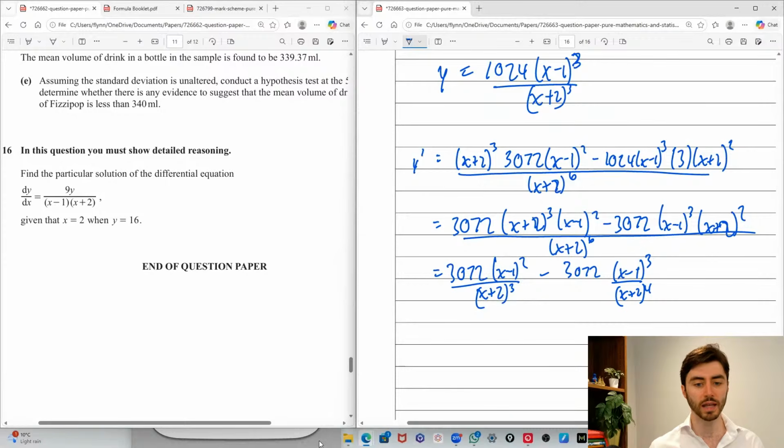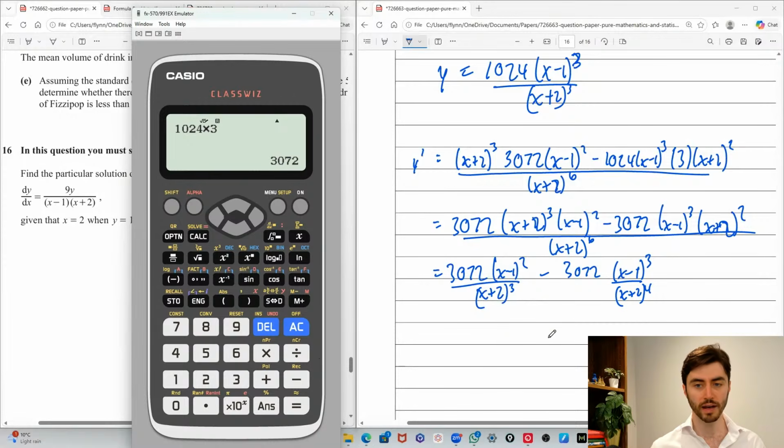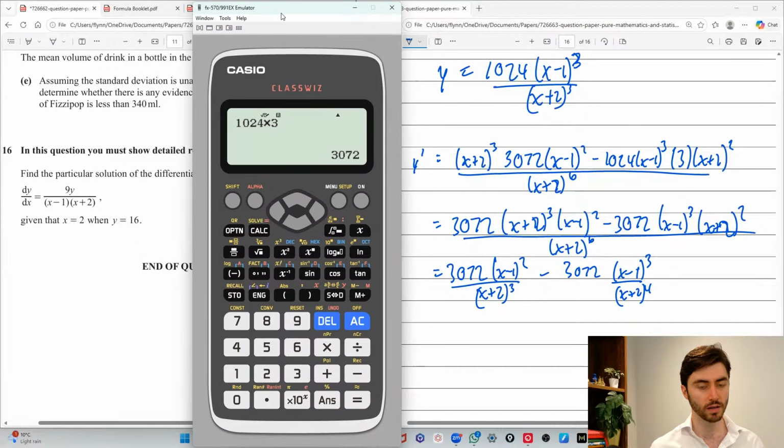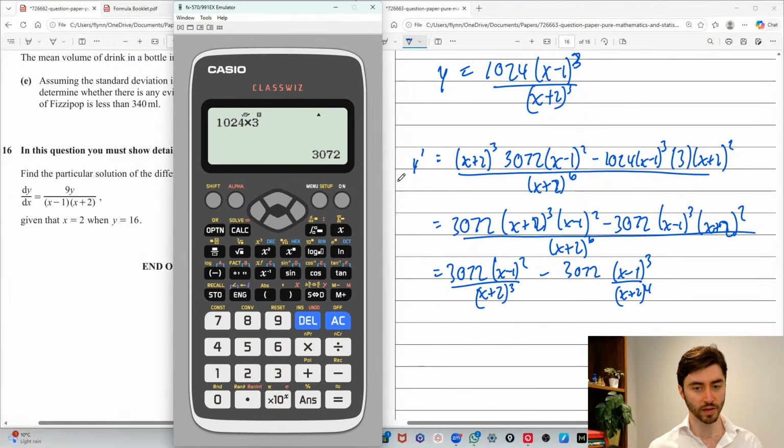Let me plug in my values of x there and confirm I also get 36, which I think I got before. So x equals 2.